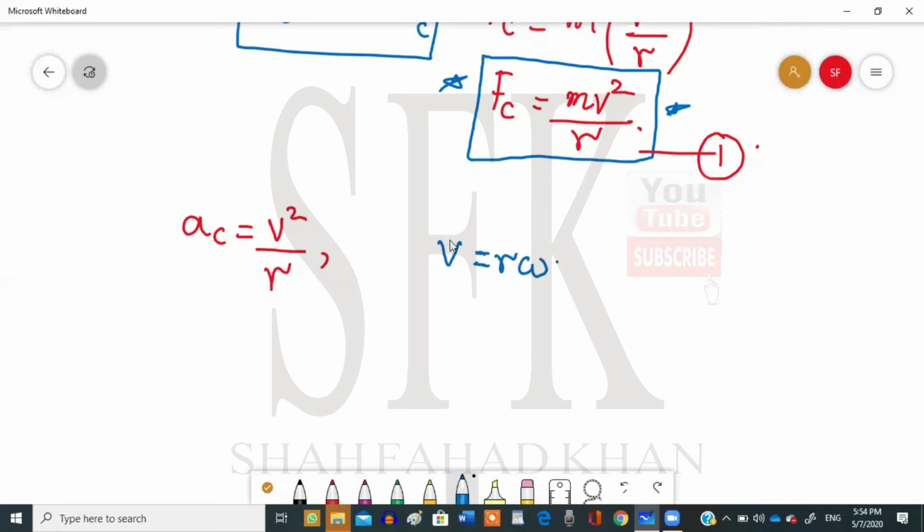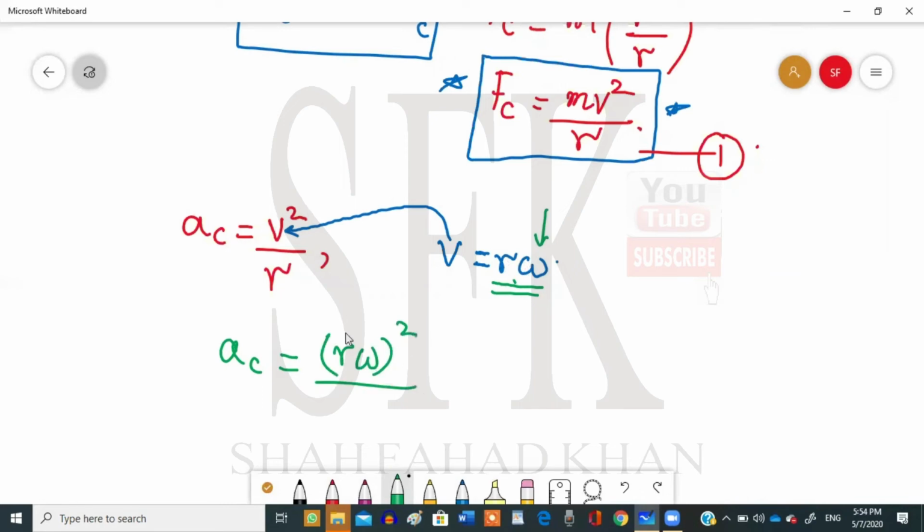If I plug this in place of v, I'll get a centripetal acceleration equation in terms of the angular velocity, omega. So r omega, squared, divided by r, becomes r squared omega squared divided by r. The r's cancel out, and the formula that you get is r omega squared.